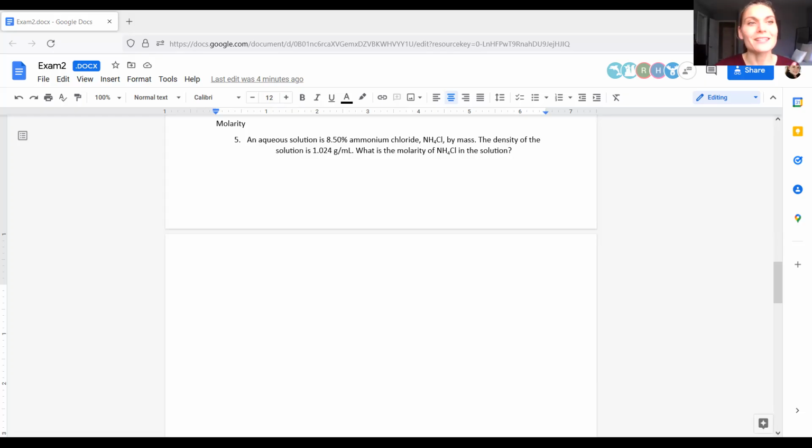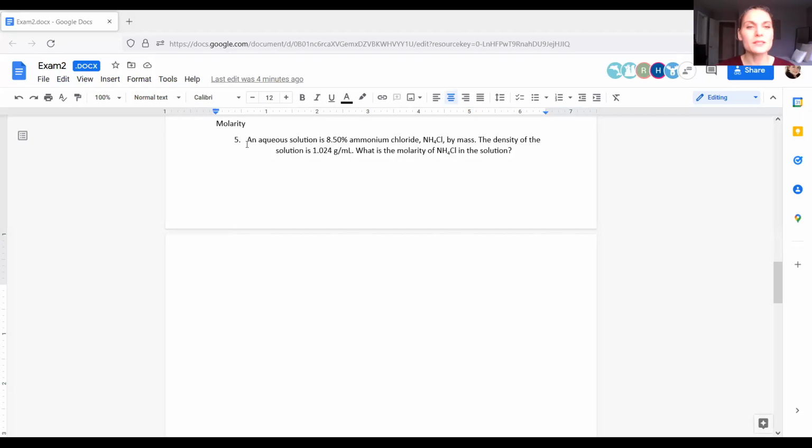So that's going to kind of bring us back to that next little piece that we're going to do. So let me pull this one back up so this can make some sense when we go to talk about these pieces. Okay, so this one says we have an aqueous solution of 8.50% ammonium chloride, NH4Cl, by mass.